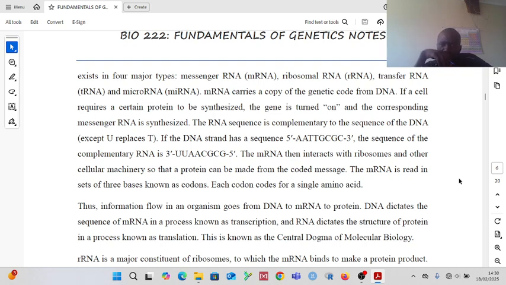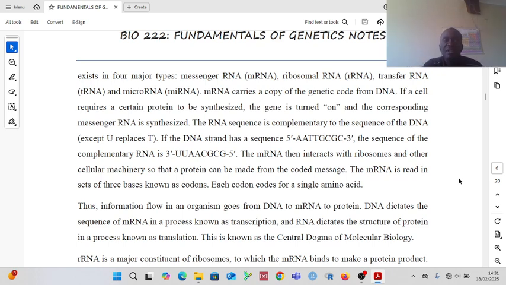RNA exists in four major types. You have the messenger RNA, the ribosomal RNA, the transfer RNA, then the microRNA.